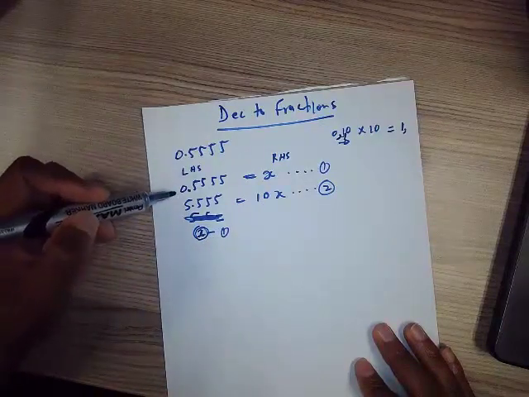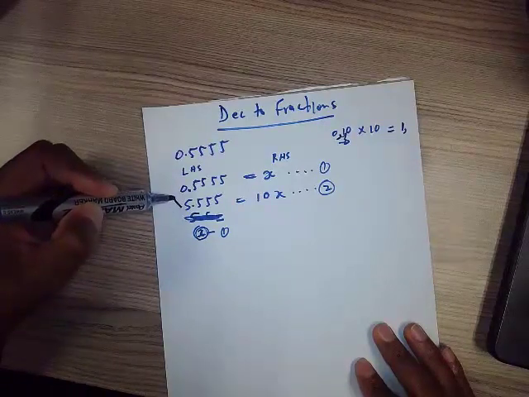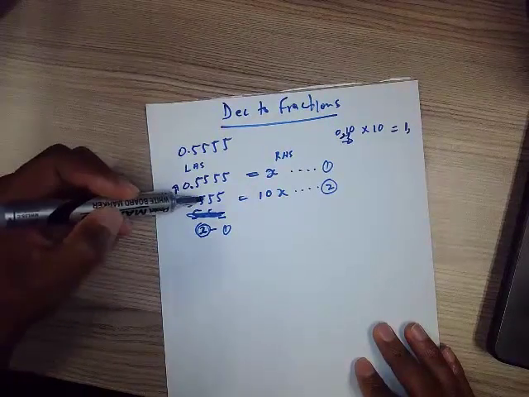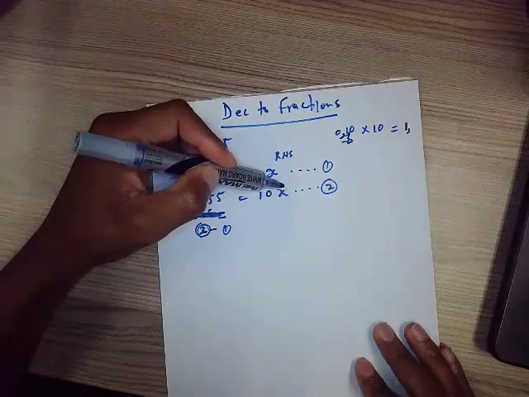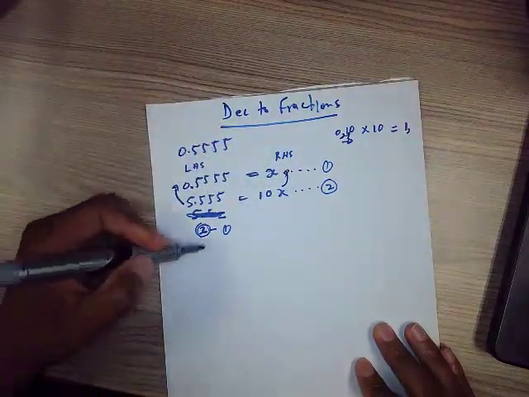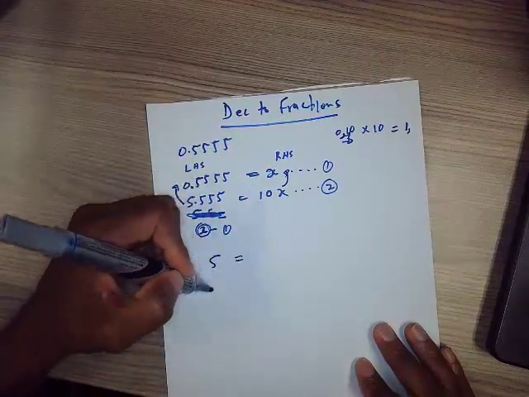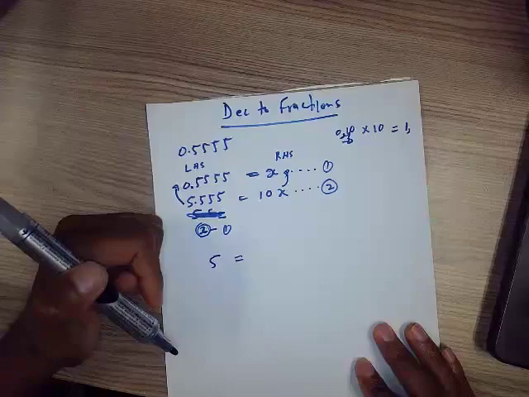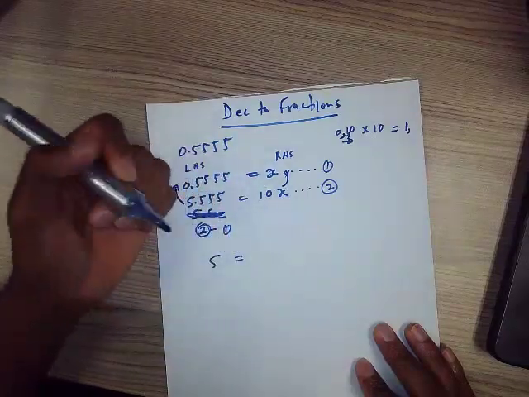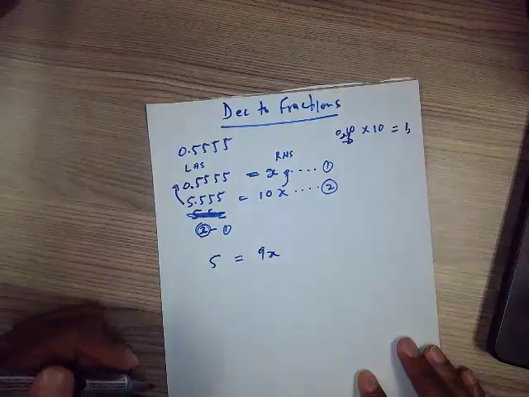On the left hand side, this number will minus that number. Similarly, that number will minus that number on the other side. So we'll be left with 5 on one side, and 9x on the other.